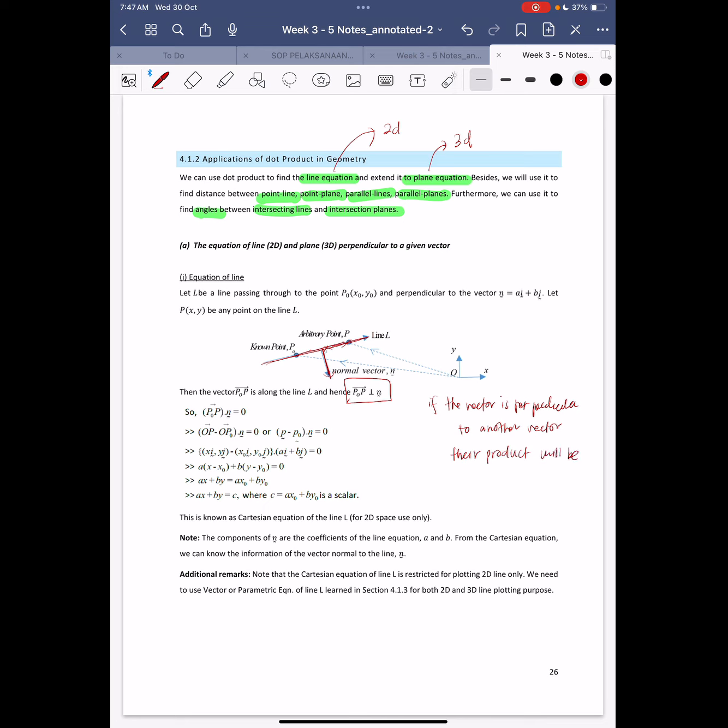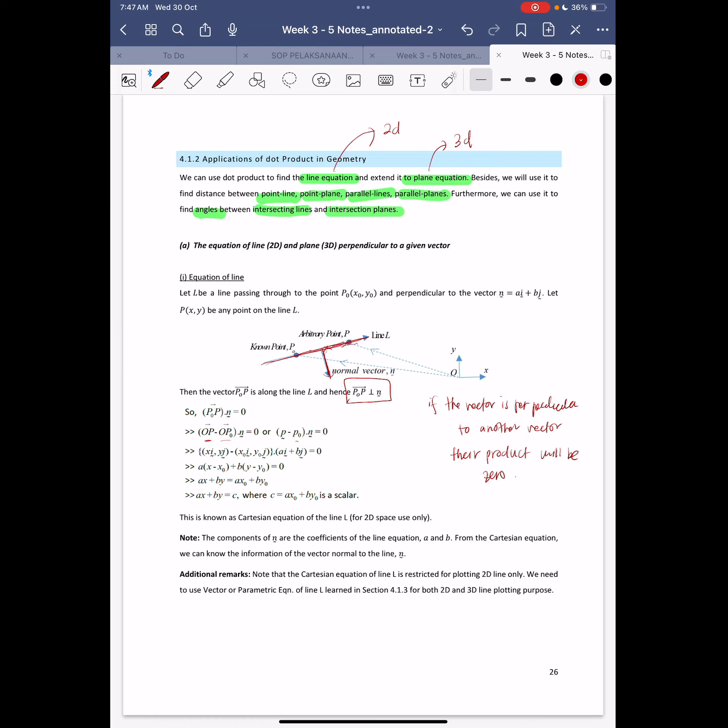Okay, so we know that P0P dot N, the vector P0 to P dotted with N, is perpendicular, so it's equivalent to 0. In order for us to find P0P, it is OP minus OP0, dot N, or we can write P minus P0 dot N.